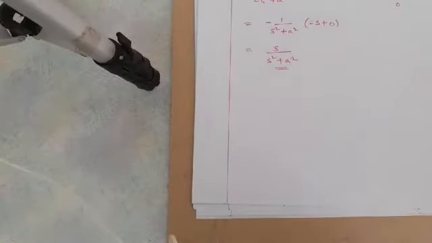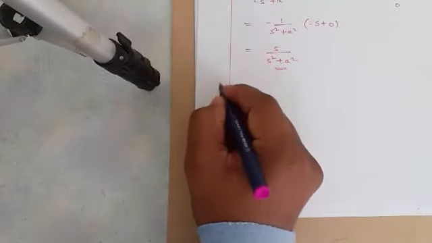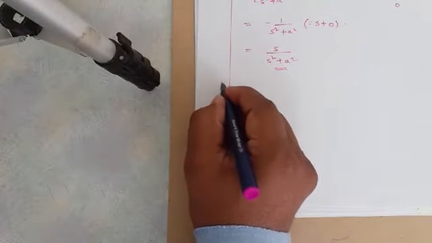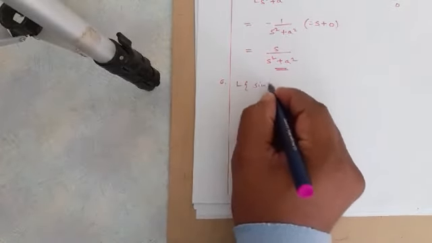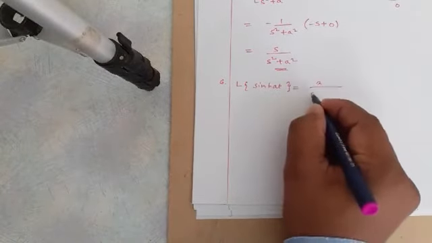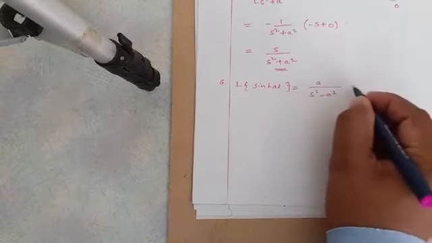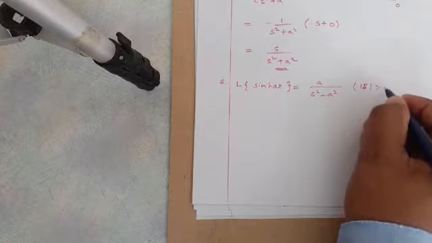Now when you go for the next, that's nothing but Laplace of sinh at. So how do you get Laplace of sinh at? Let us see. That is the sixth one. Laplace of sinh at is equal to a upon s square minus a square, in bracket mod s greater than a.